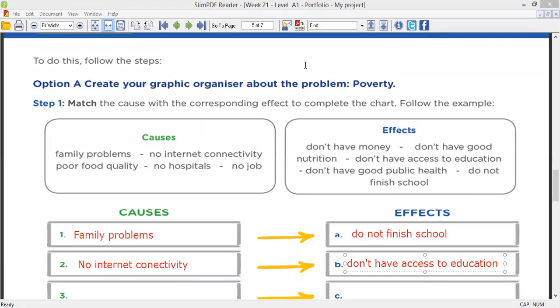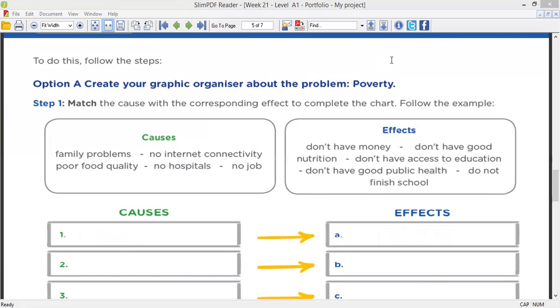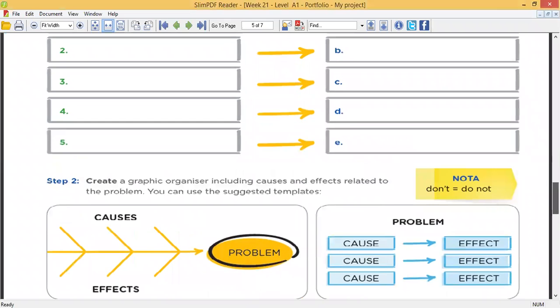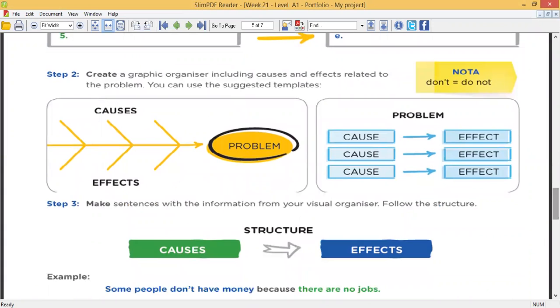Well, it's time to continue. After you do step number 1, you have to do step number 2. First of all, you should decide if you want to use one of these graphic organizers, but if you don't want to use these templates, maybe you create a different graphic organizer.